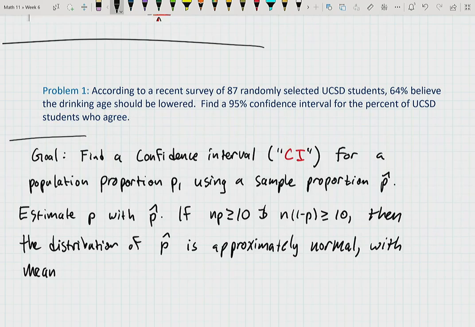And the sample mean is the same as the population mean. And the sample standard deviation is, I derived this formula, I think it was last lecture, the square root of p times 1 minus p over n.